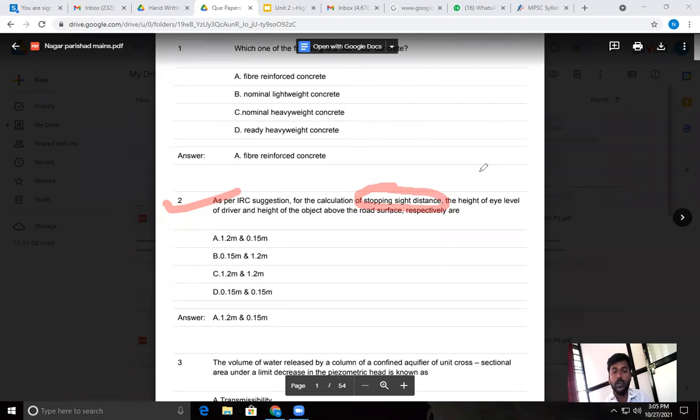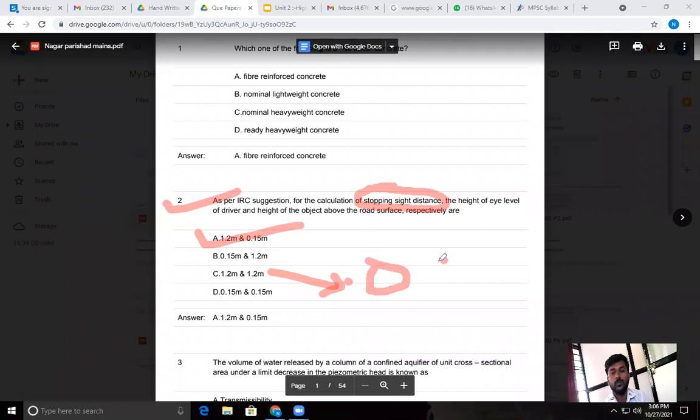Okay, as we know, for SSD, stopping sight distance, the height of the eye level of the driver is 1.2 and the object height is 0.15 meter. And for OSD, what do we take?